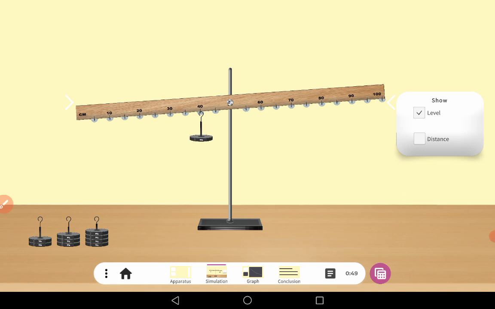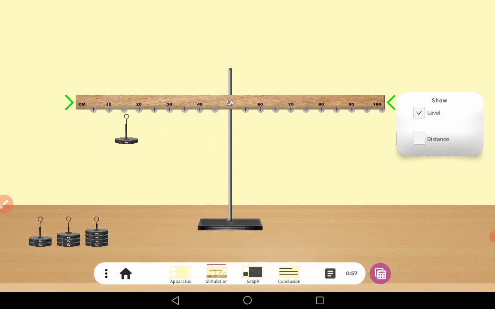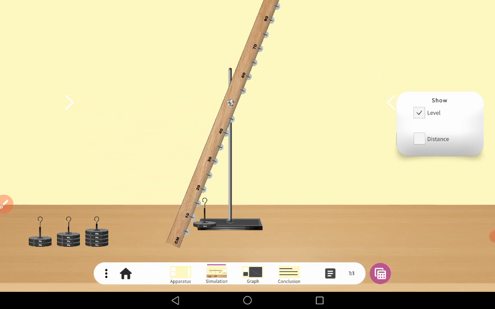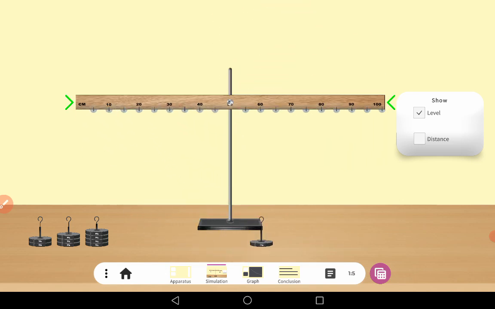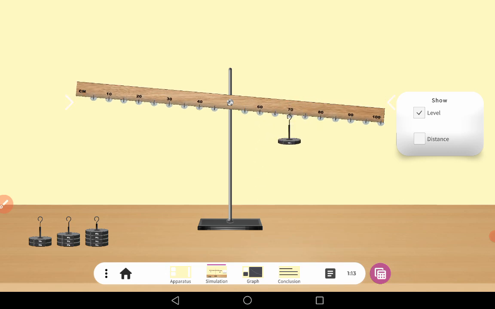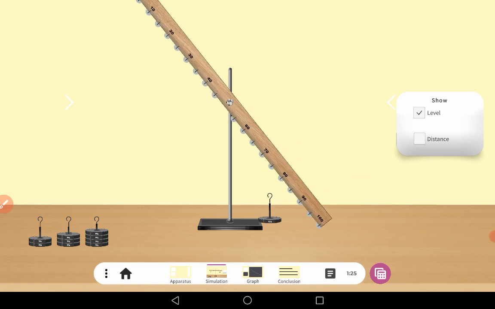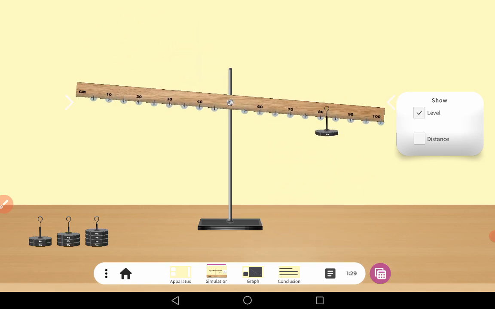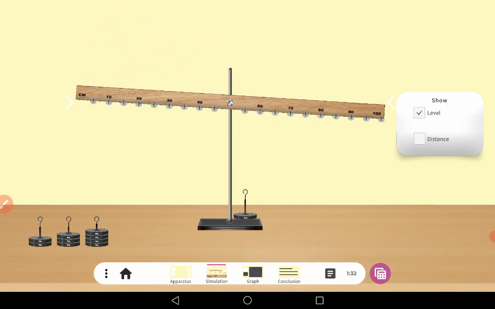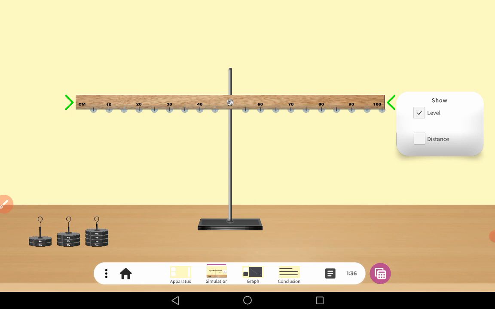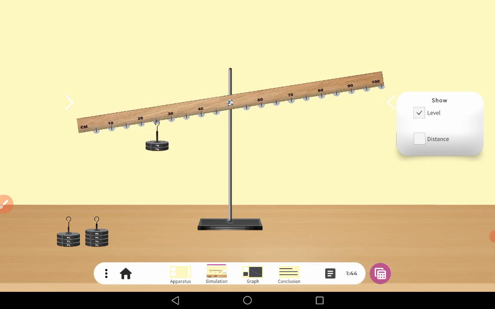I'm having problems hanging it. Okay, anyway, let's get this one.